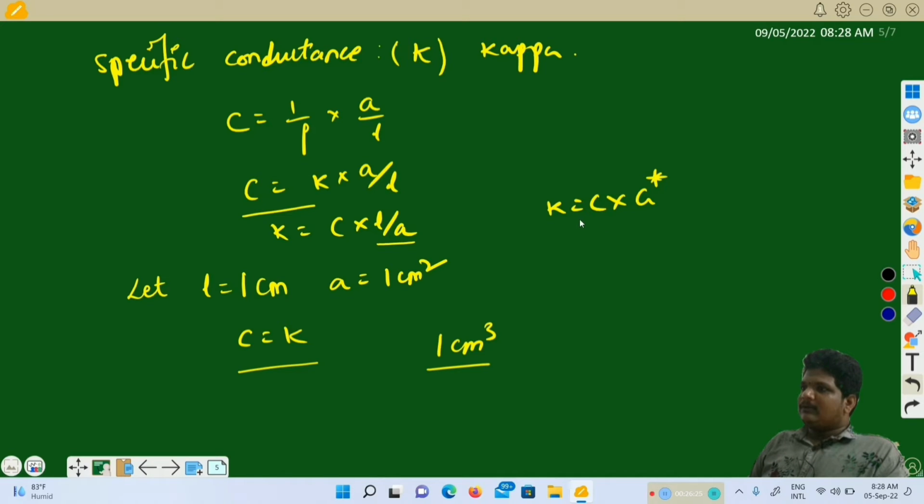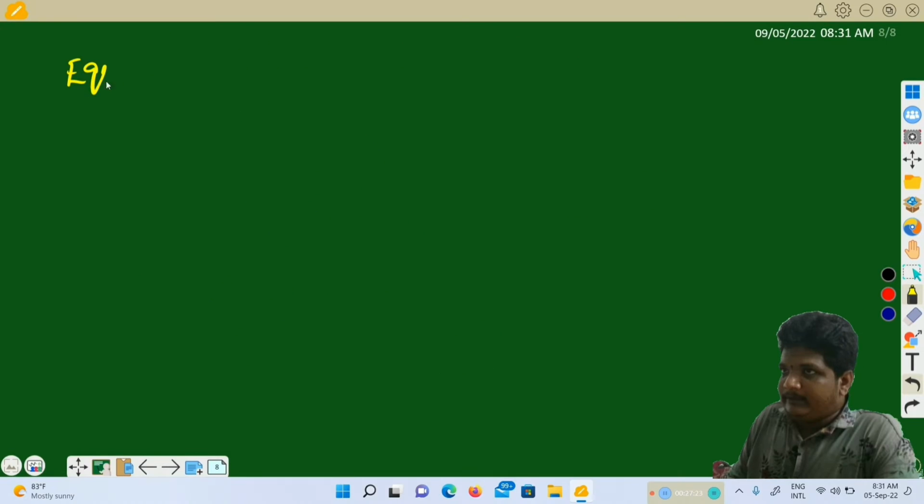It means specific conductance depends upon both the conductance as well as the distance between the two electrodes, that is, the dimensions of the electrode. So this is about the conductance, specific conductance and cell constant.